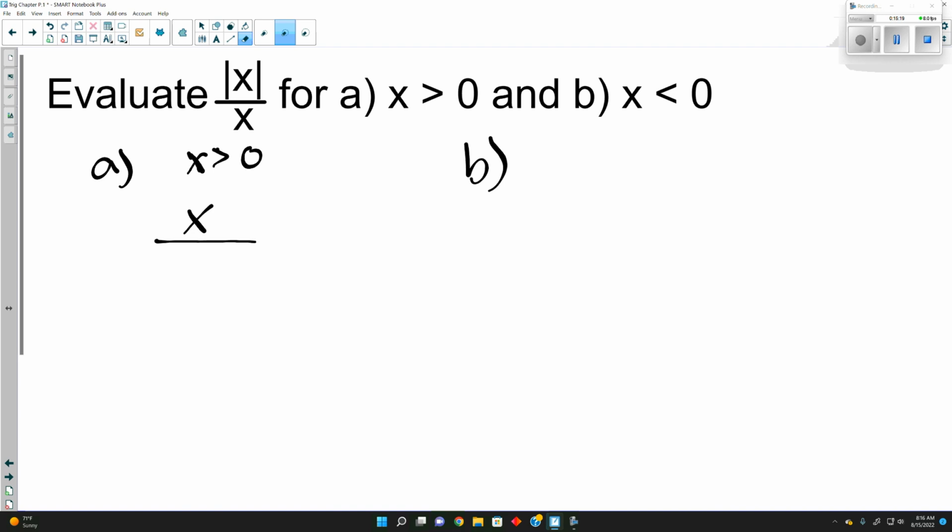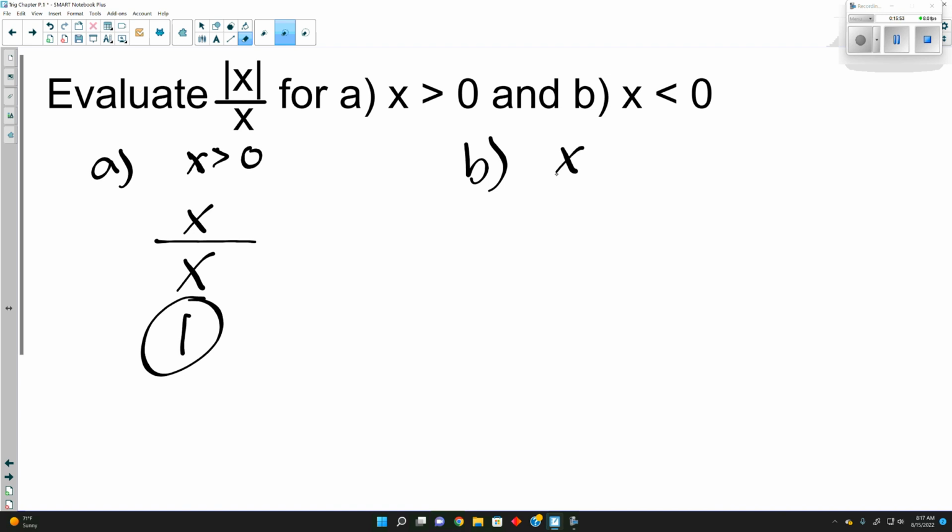That doesn't mean anything different for the bottom one, because whatever the value of x is, we're going to plug it in. The only thing that we're really focused on in this first main step is the sign that's going to come out of the absolute value of x. Because if x is positive, the absolute value of a positive number is still positive. And well, x divided by x is 1. Anything divided by itself is 1. So for this here, if x is greater than 0, it actually works out to be 1.